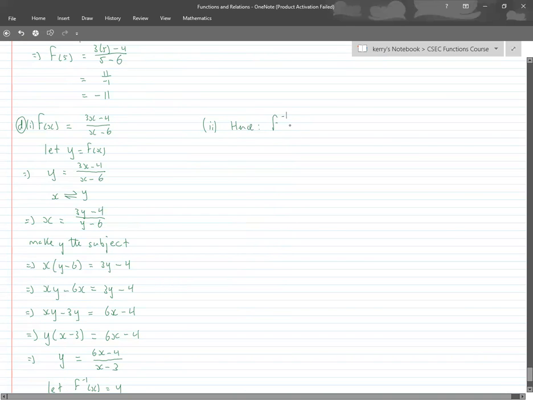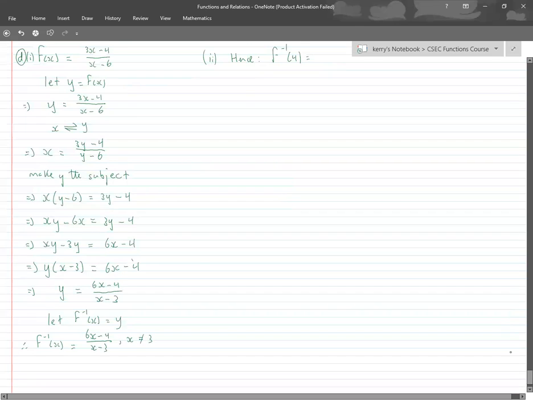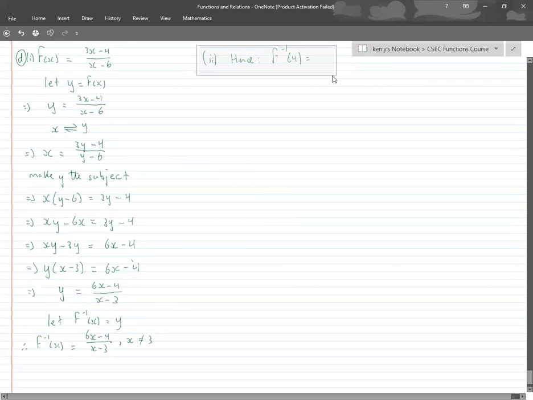f inverse of 4 is equal to, you just look at the f inverse function, which is this. Right, this is the f inverse function here. So f inverse of 4 is, let's move this down here away from the little tab up there. Right, yeah. F inverse of 4 just means in f inverse, you replace all your x values with 4. So it becomes 6 into 4 minus 4 over 4 minus 3.